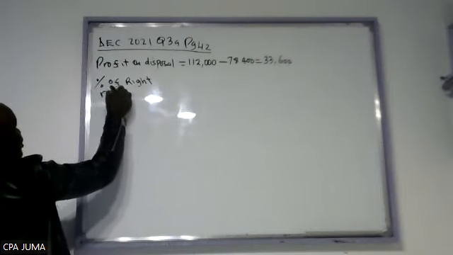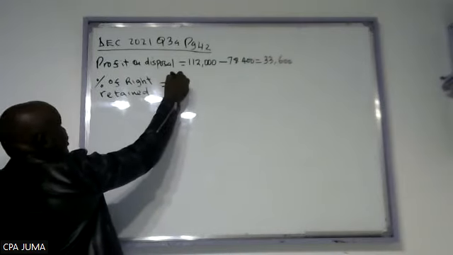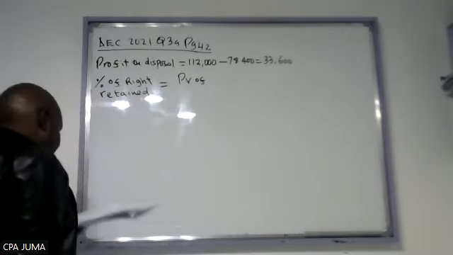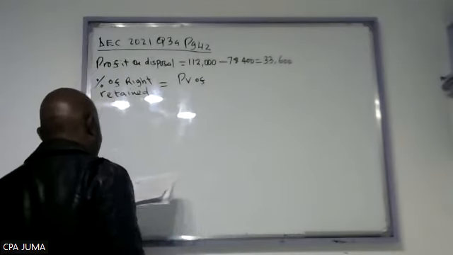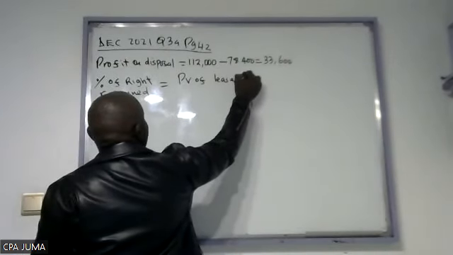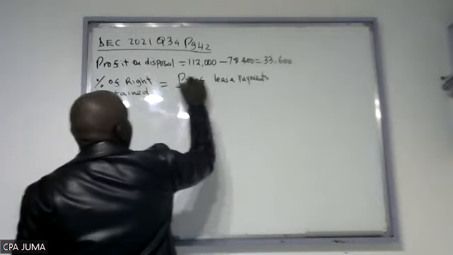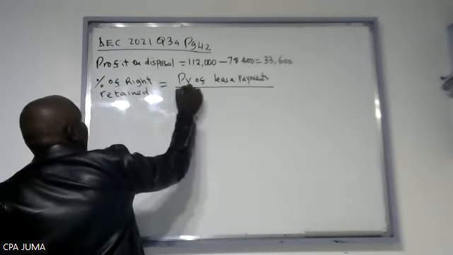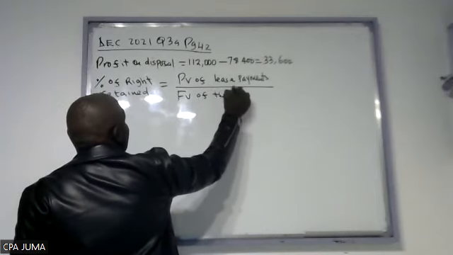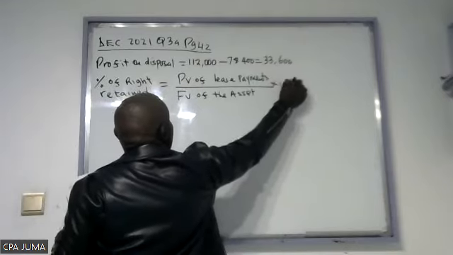The formula is you take the present value of lease payments, you divide by fair value of the assets, times 100%.